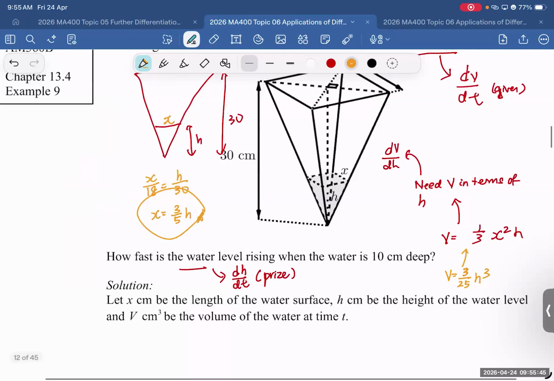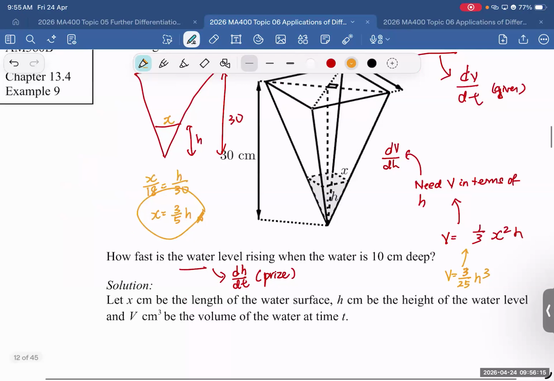After you have volume, you can do dV, okay. dV dH square. After that, the water, then after that, you start H to be 10.